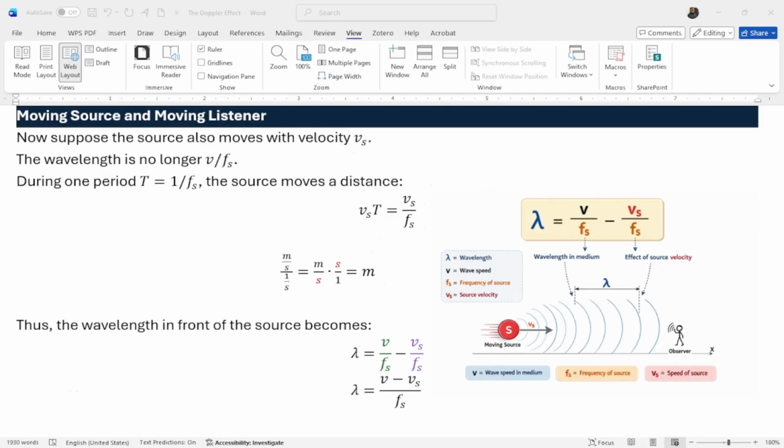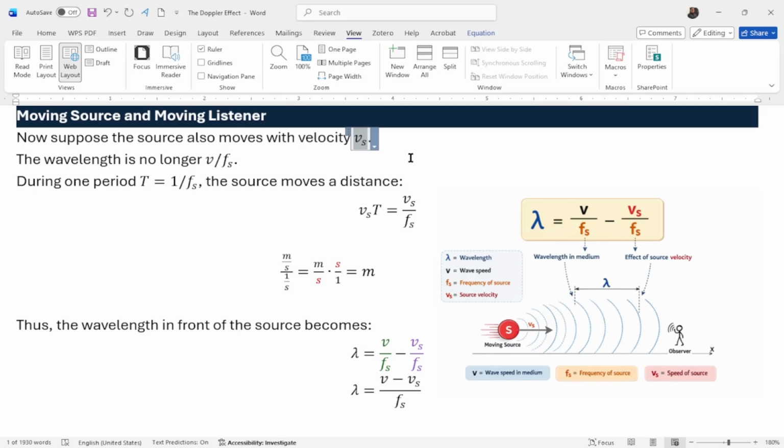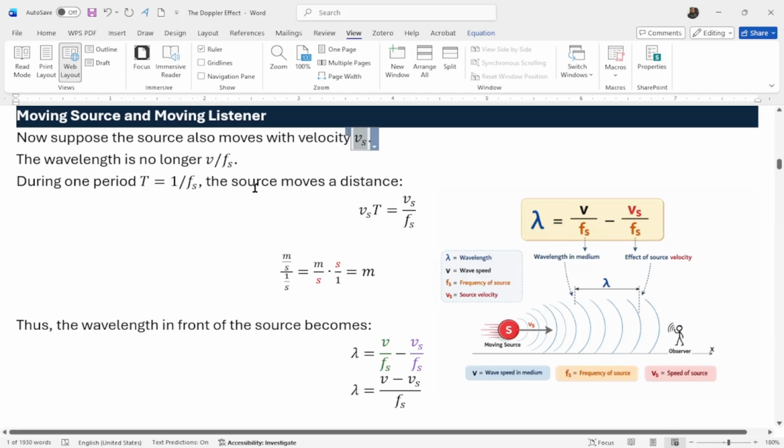Now this time the source and the listener are moving. Now suppose the source also moves with the velocity V sub S. Take note that the V sub S here is again referring to the velocity of the source. This is not referring to the velocity of the sound in the medium. Now, the wavelength in this case is no longer V over f sub s.